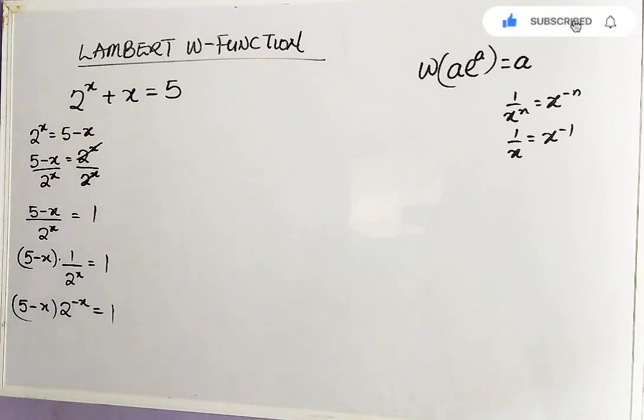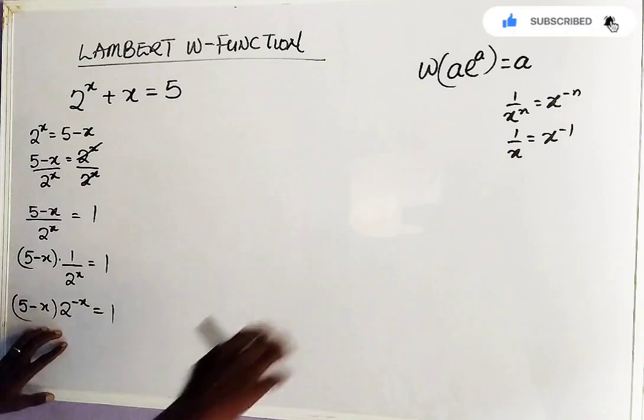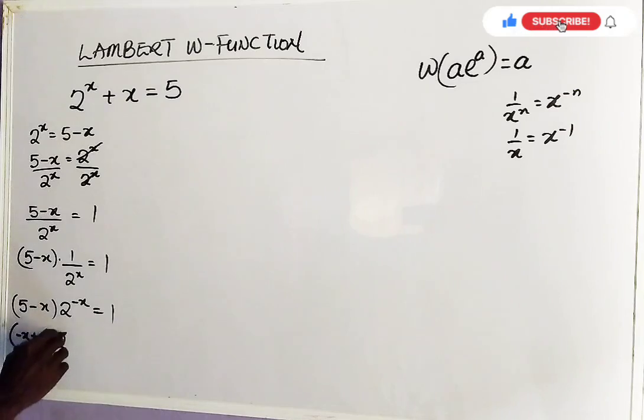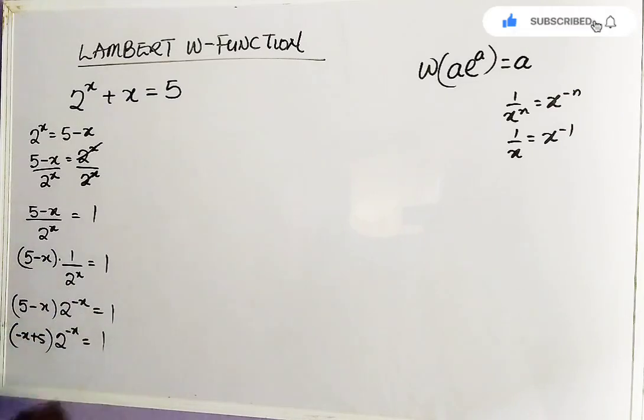Alright, now looking at this, I guess we are coming to a situation whereby we get that kind of argument. But something is off here. Here we have negative x, and here we have negative x. Alright, let me rewrite it in this manner: minus x plus 5, times 2 raised to the power of minus x, equals 1.